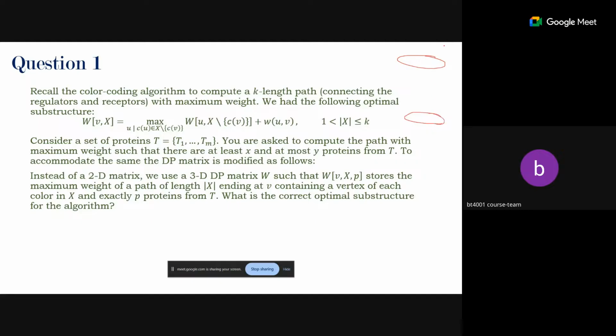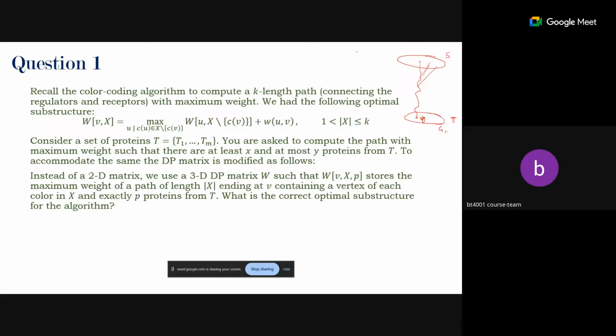We had a set of receptors that we called S, and then a set of target genes G1, G2, that we used to call T. We want to find all k length paths, from any node in S to a node G in T, all k length paths from any node in S to this node G.